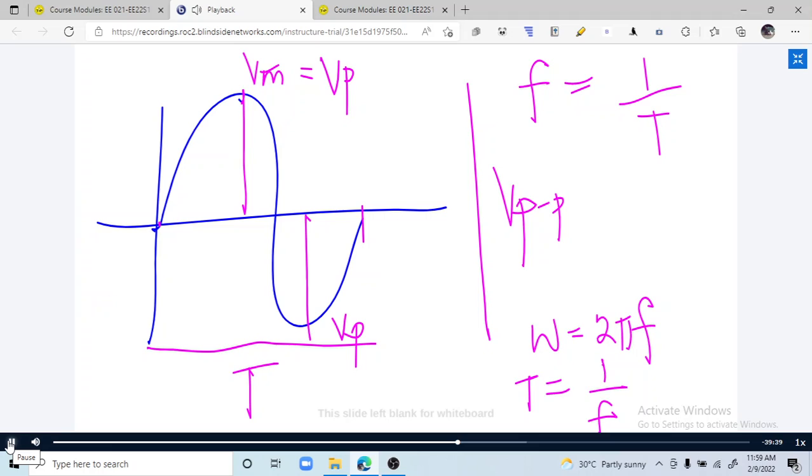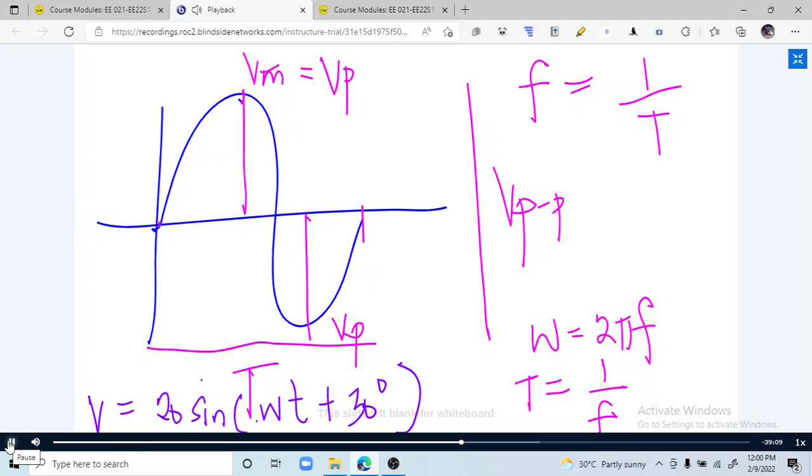Your voltage is equal to, let's say, 20 sine omega t plus 30 degrees. So our sinusoid is written as this, wherein our 20 is our VM, or our maximum value of amplitude. 20 is our amplitude.